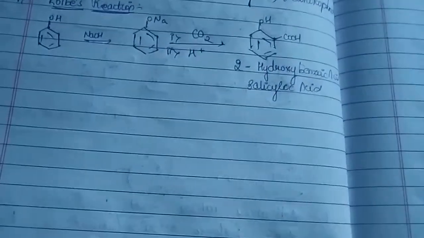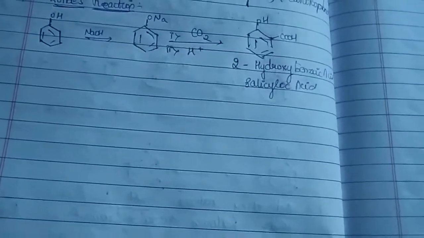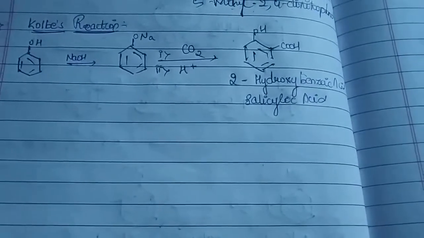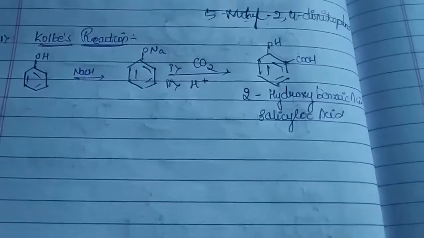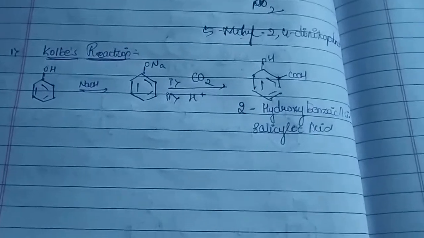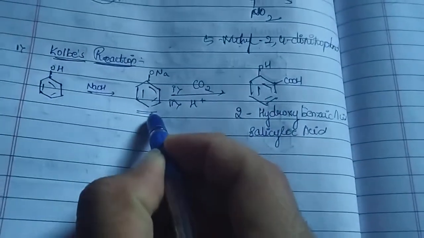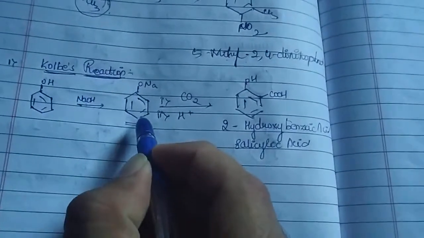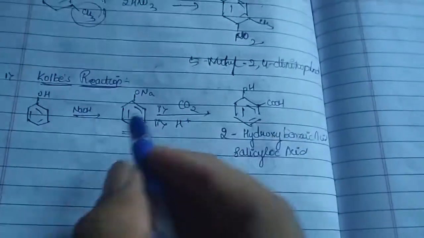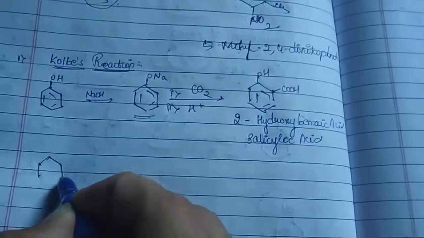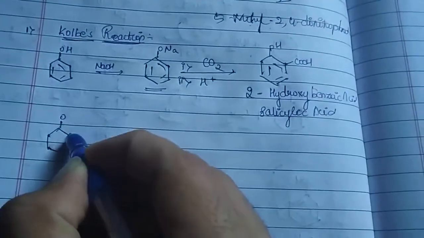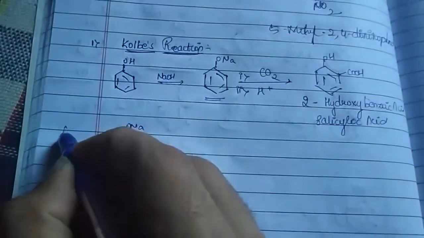But let us now have some additional information about Kolbe's reaction. Do remember, guys, whatever we are seeing in this method is not such a simple task to carry out. I'm going to continue my additional information from this step onwards. Whatever sodium phenoxide, ONa, you're treating, remember it's additional information.